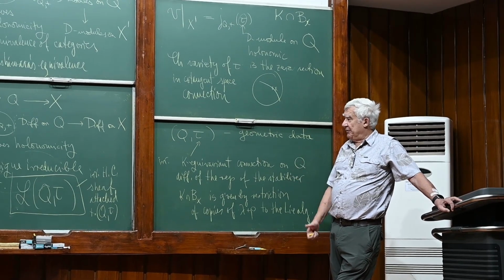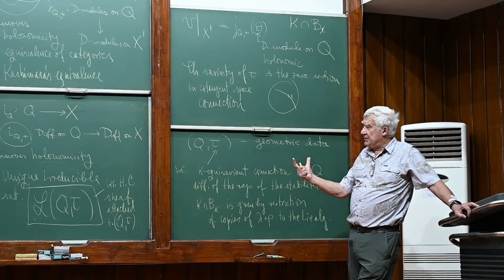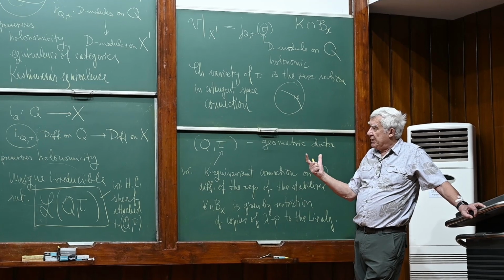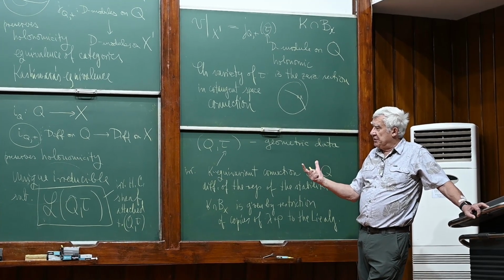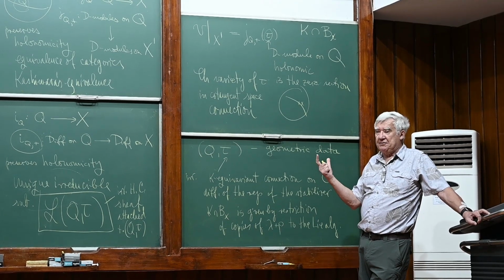This is one observation. The second observation, and this is what is great in the D-module approach, is that you get exhaustion for free because you have equivalence of categories.